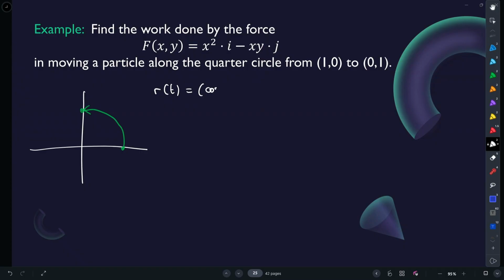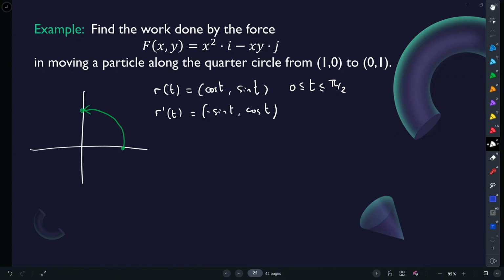That is parametrized most easily by (cosine t, sine t) between angle 0 and angle pi over 2. What else am I going to need to compute the work? I need the derivative vector, which is (minus sine t, cosine t).